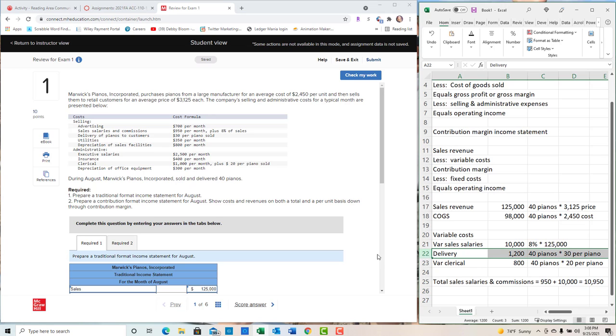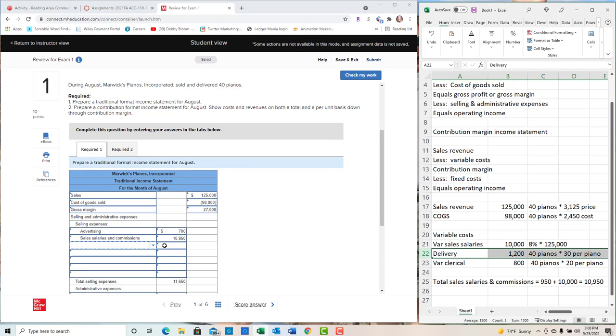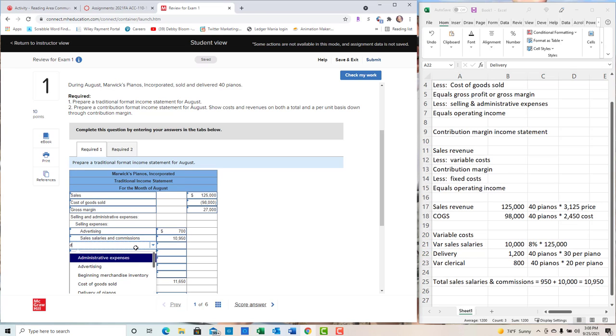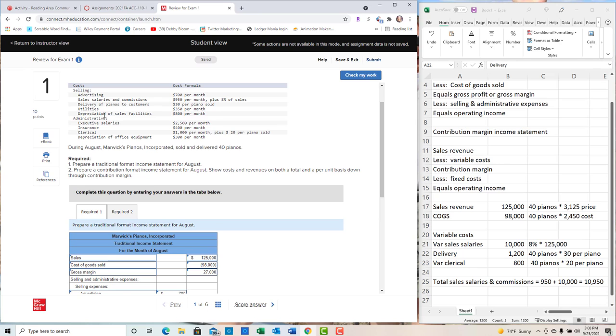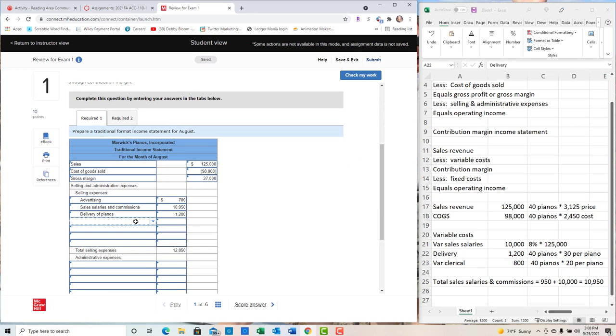The next one that we have after sales salaries and commissions is delivery. Delivery is variable. We already calculated that is $1,200. The next one after our delivery is we have utilities of $350.